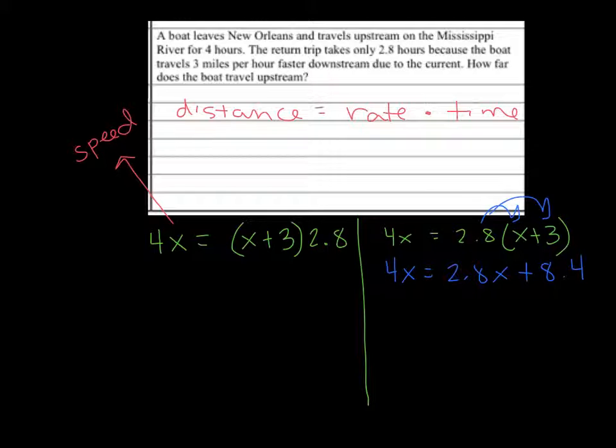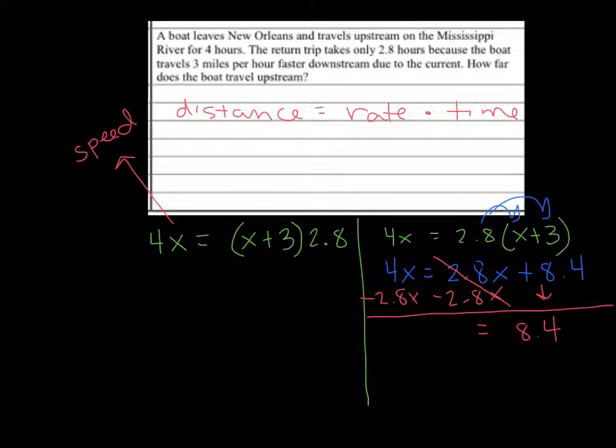All right, now remember, this is part of our solving equations with variables on both sides. So I distributed, and now I'm going to move all my variables to one side and all my constants are going to be on the other. So I need to move this 2.8x to the other side. So the opposite of positive 2.8x is negative 2.8x. So I'm going to subtract that from both sides. The positive and negative 2.8x will cancel. I bring down my 8.4.